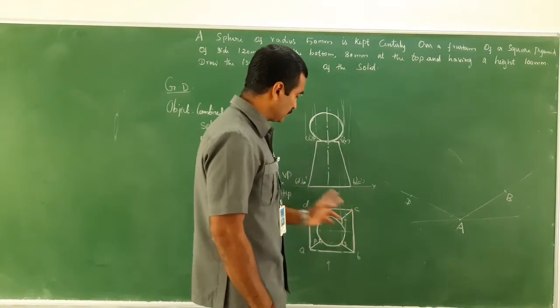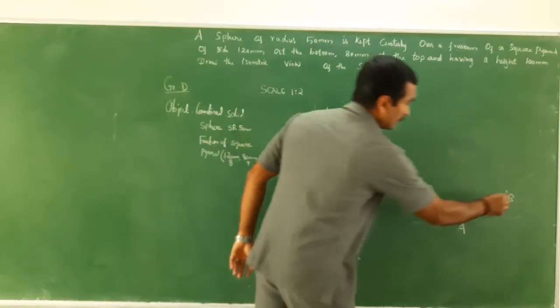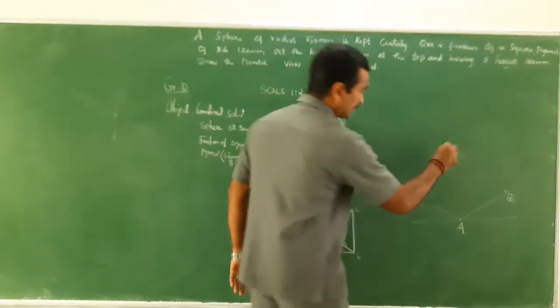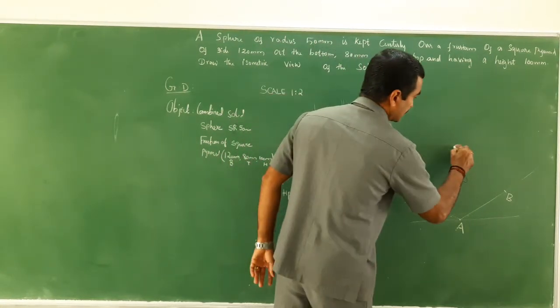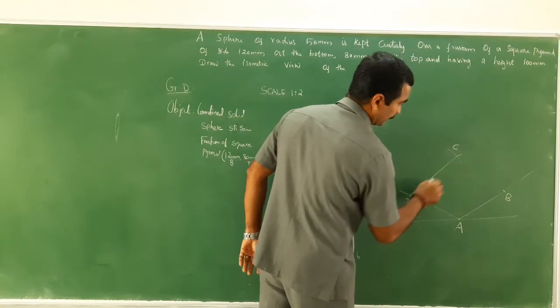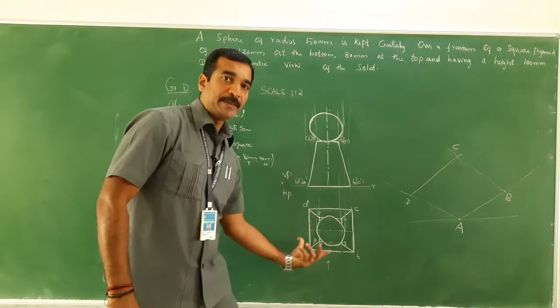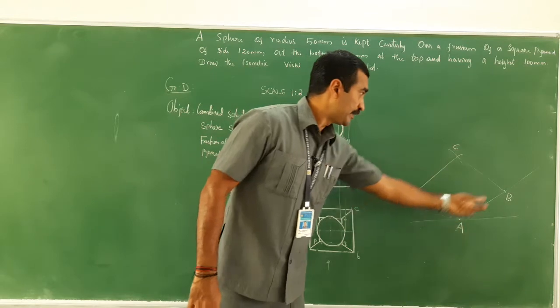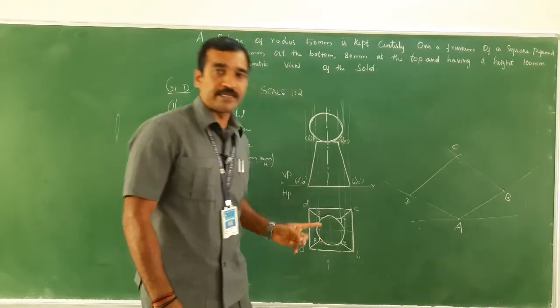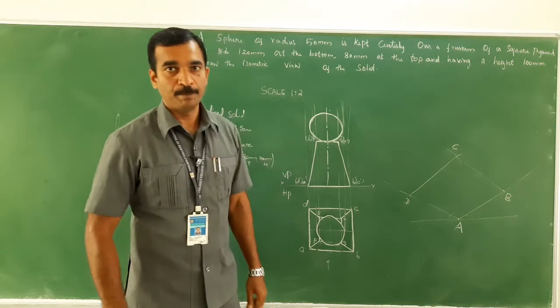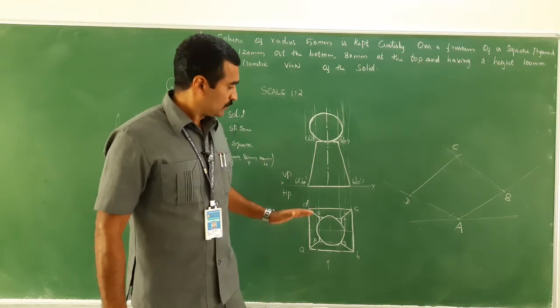And measure it from B to C, cut an arc. So, the intersection point is nothing but C. Now, connect the line. By doing so, the base has been generated. Look at here, ABCD, that base of the pyramid is being formed here. Right. Now, what is next?